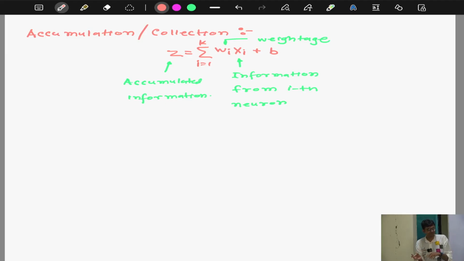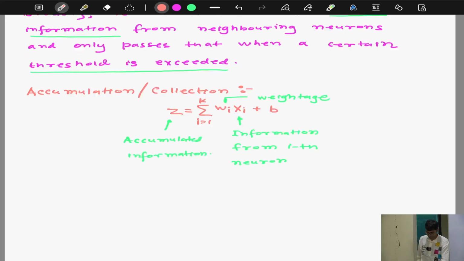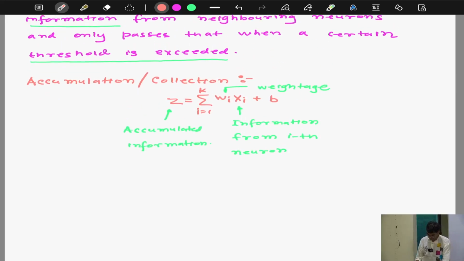The second operation is whether the threshold is exceeded, right? This also means activation. This is talking about whether it is getting activated or not.